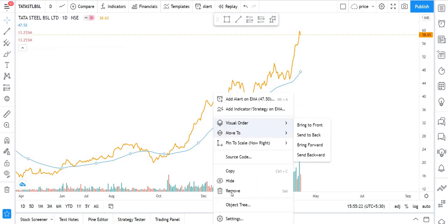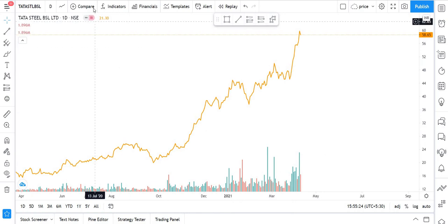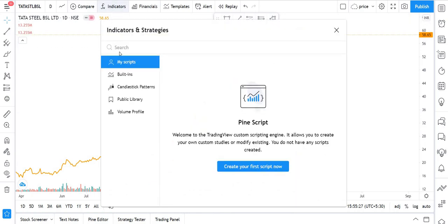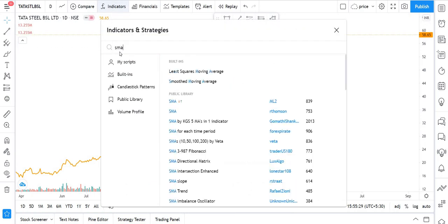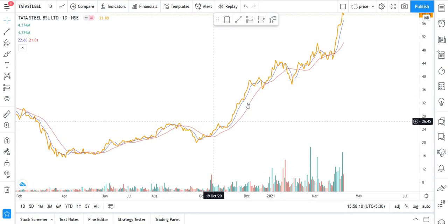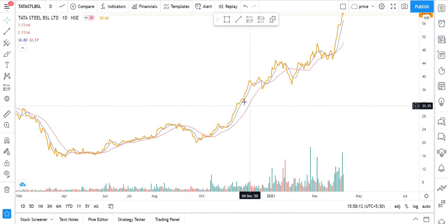This is a 50 EMA, I'm going to remove this as well, and place a simple moving average. Here it is, two simple moving averages are now in place.